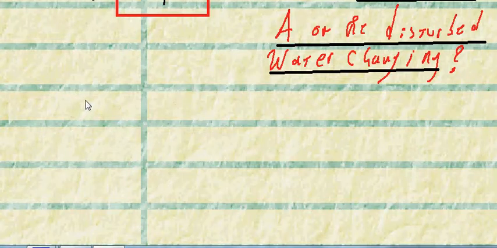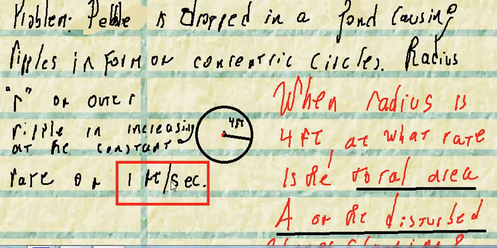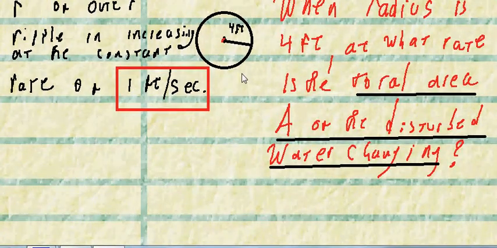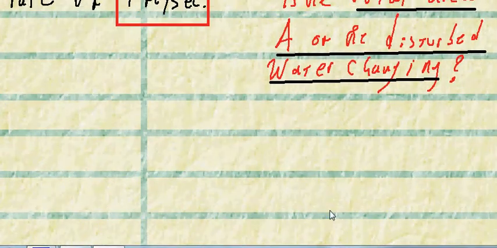In this case, if you drop a pebble over here, the area of the circle and the radius are related. In fact, because this area is changing over time, both the area and the radius are functions of time.